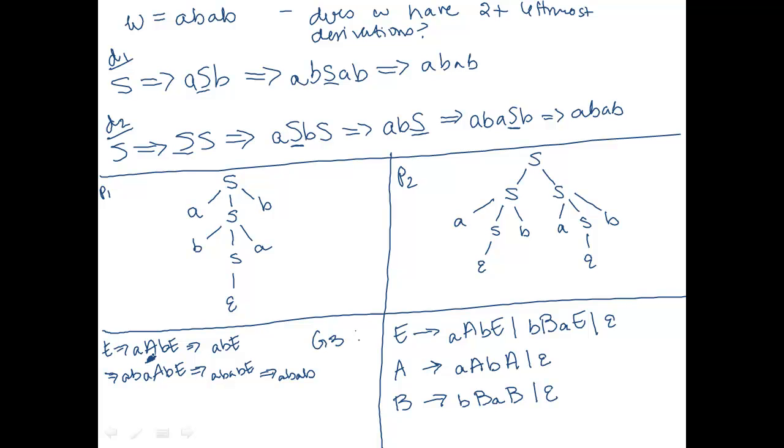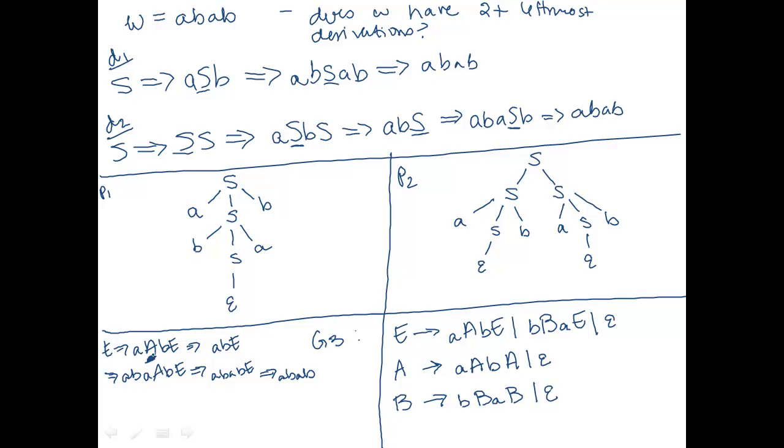If we look at the rules for variable A, the only rule I can take there is to insert an AB in place of that A. So what would I get if I did that? I'd get AABB. Okay, I can't get AB, AB. Alright, so this should give us some indication that this is a good candidate grammar for being unambiguous.